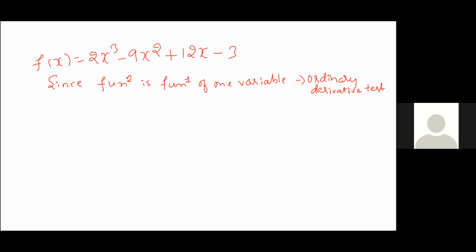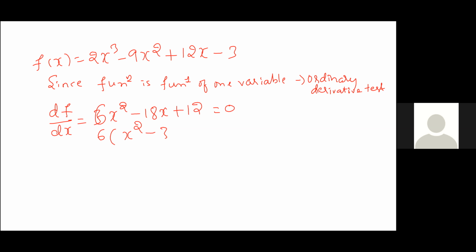So now first you have to find out df by dx, which will become 6x square minus 9 into 2x, so it will become 6x square minus 18x plus 12. Now we have to equate it to 0. Taking 6 common, 6 into x square minus 3x plus 2 equals 0.